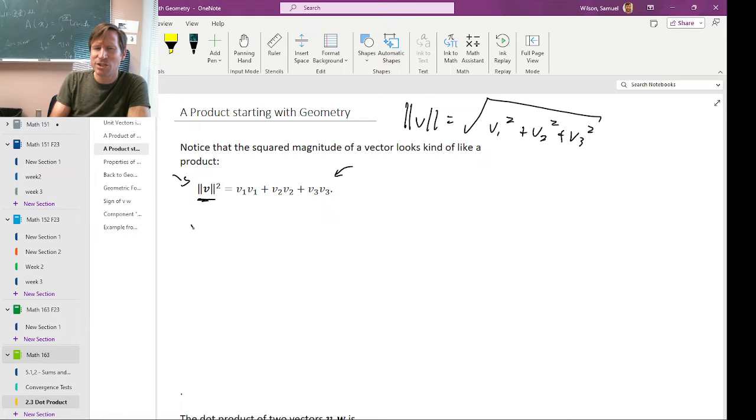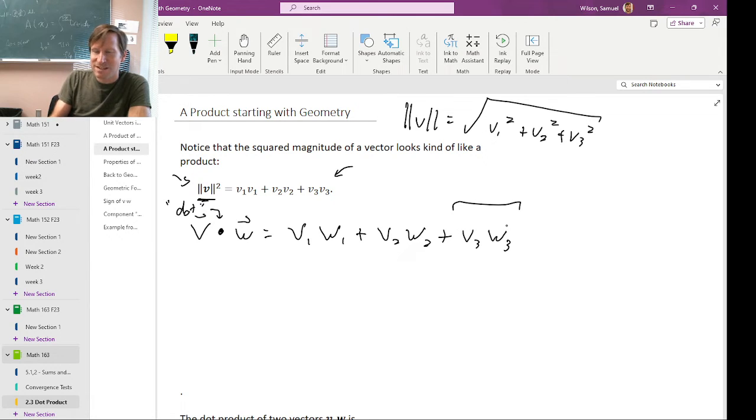So maybe what we should do is define a new product. We'll use a dot for this product just because we have to use some symbol. So dot is how we will pronounce this product. So v dot w will be v1 times w1 plus v2 times w2 plus v3 times w3.